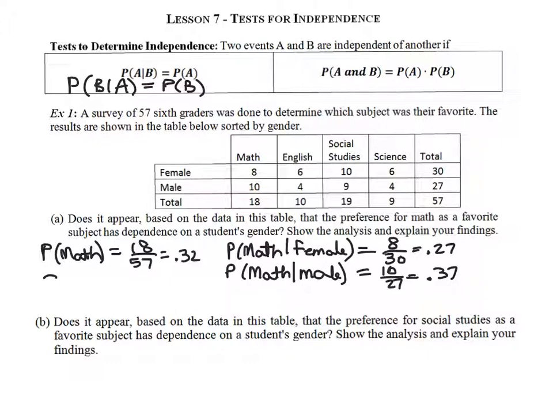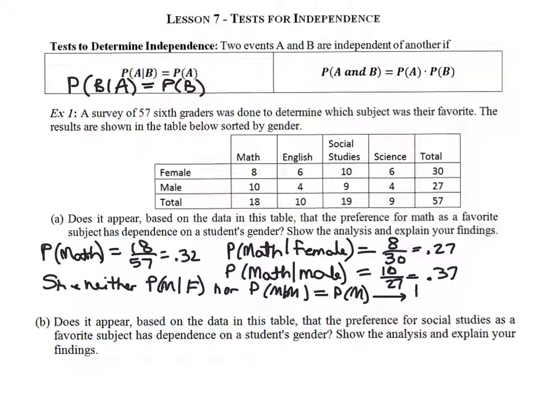So we're going to say that since neither the probability of math given female nor the probability of math given male is equal to the probability of math, that tells me that these events must be not independent. So by not independent, I can go ahead and say that these events are dependent.